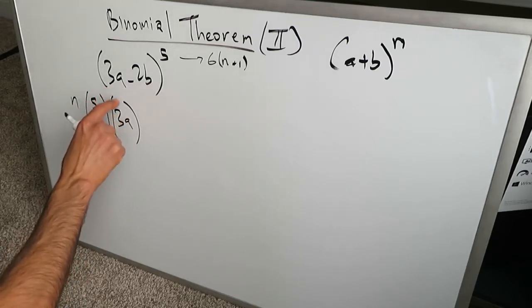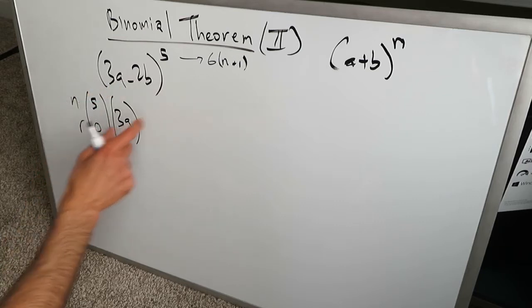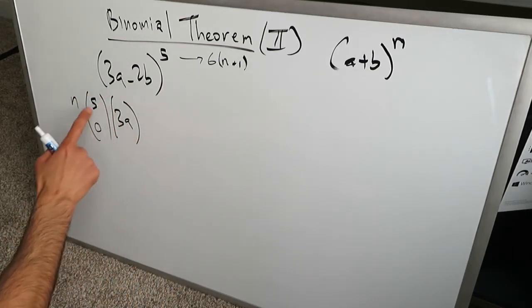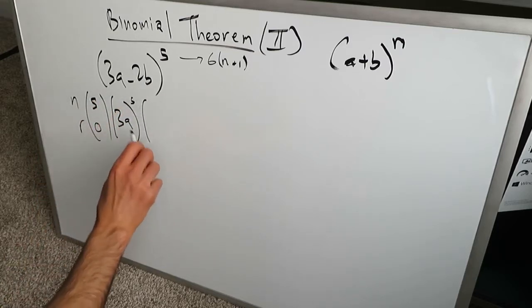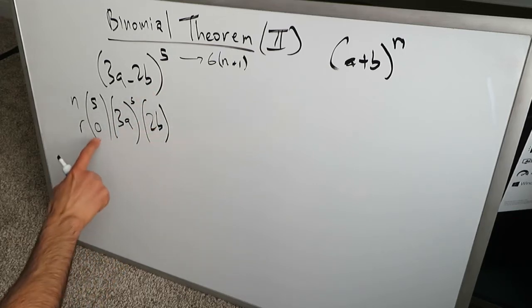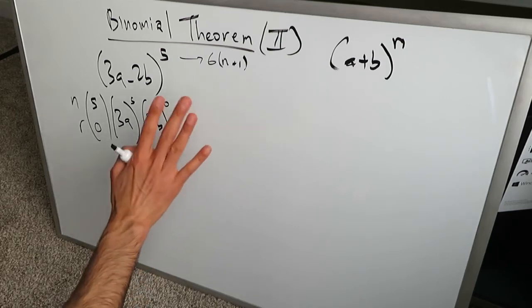The a is entirely the 3a, not just a, but the full 3a is your representative of your a over here. And it's always n minus r. So 5 minus 0 will be a 5. Here's my b value, 2b. And here the exponent is always r, which happens to be a 0. I'm not putting a plus or minus over here yet.